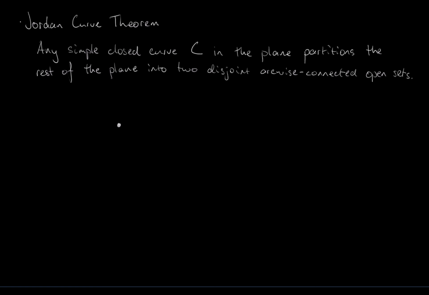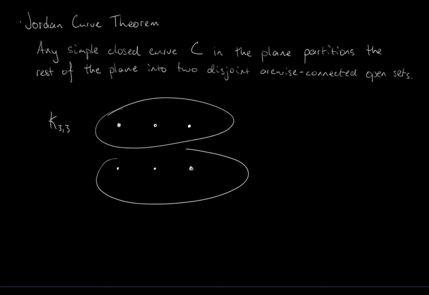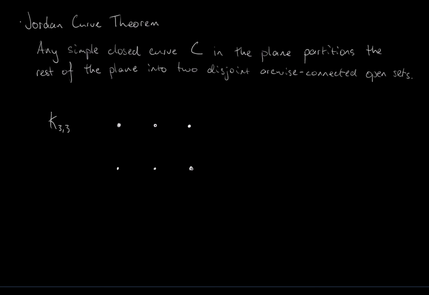If you don't know what that is, you have a bipartition, say this group and this group, where every vertex in one set is adjacent to every vertex in the other set, and no two vertices are adjacent in the same part or the same partition.